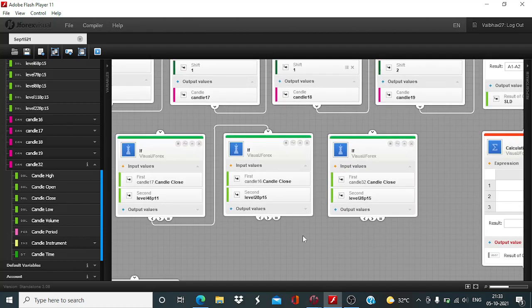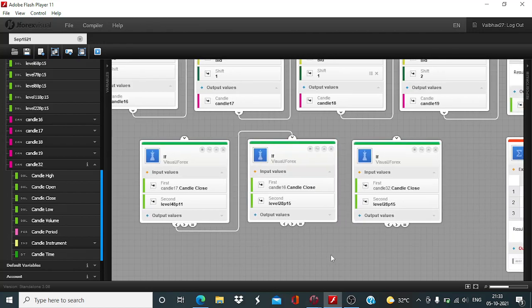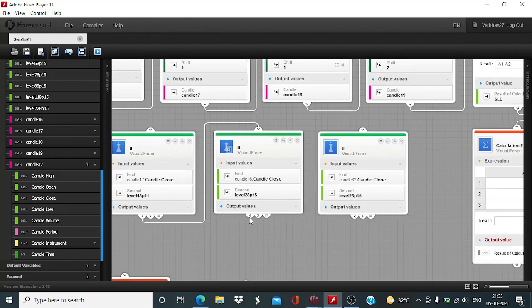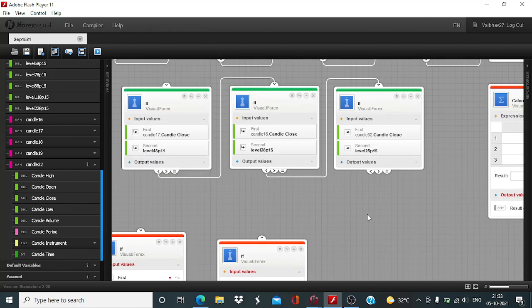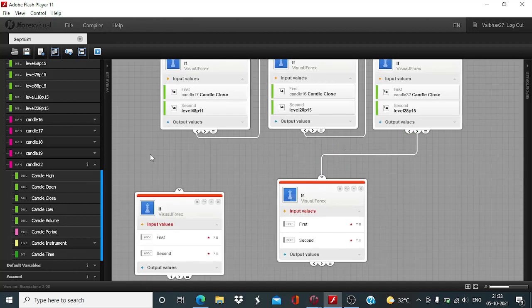And here we need the last hourly candle close to be less than the level 28P15. So first input less than second input, whereas the candle 32 candle close needs to have been greater. So first input greater than second input.